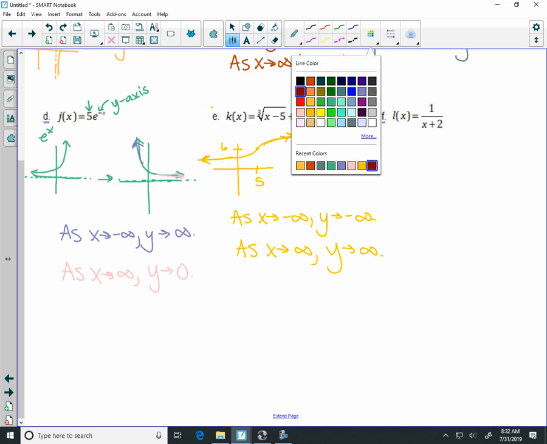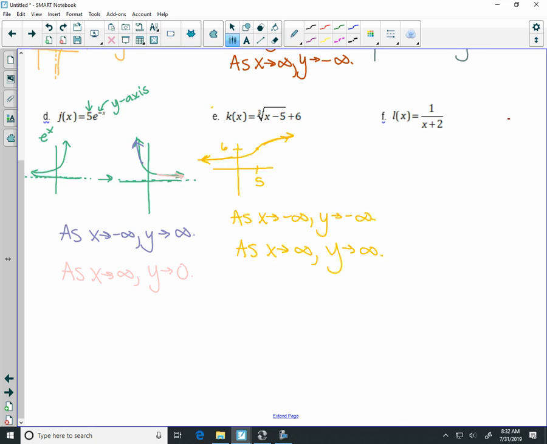Okay, f. 1 over x plus 2. So here, we're just moving our 1 over x function left 2 units. Our basic shape looks like this.